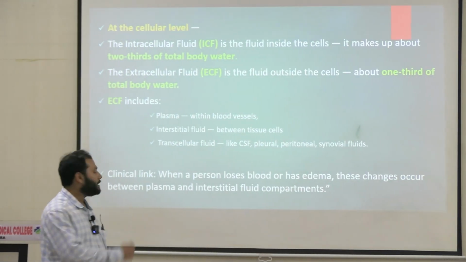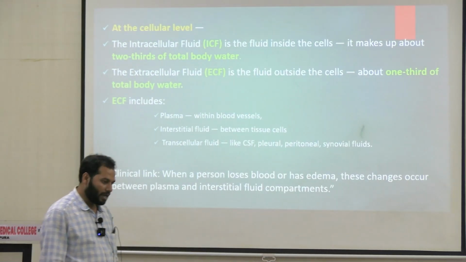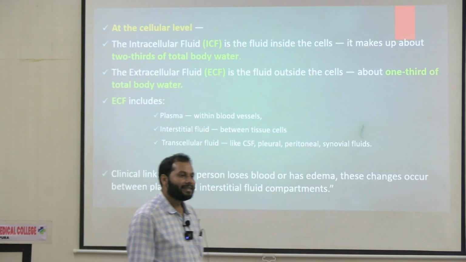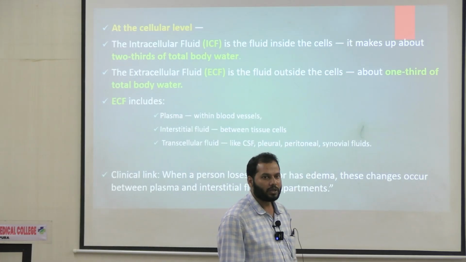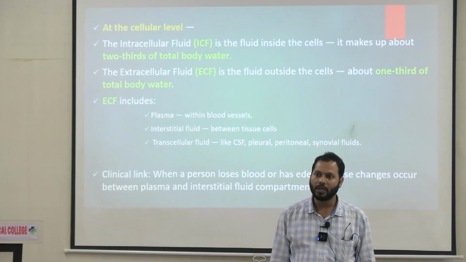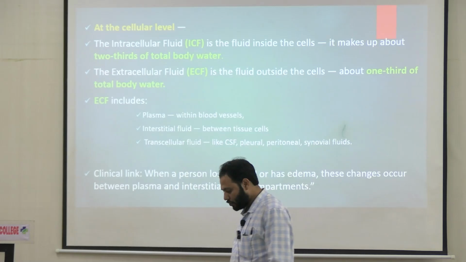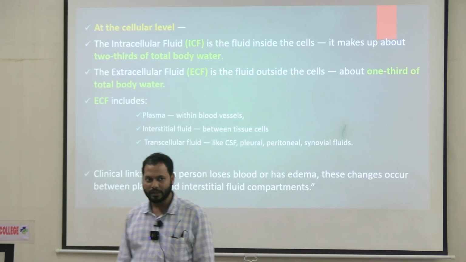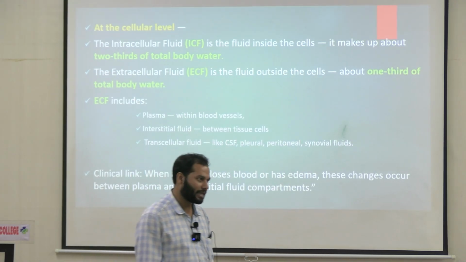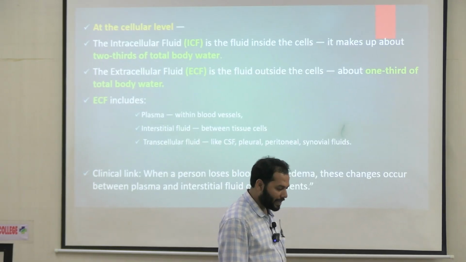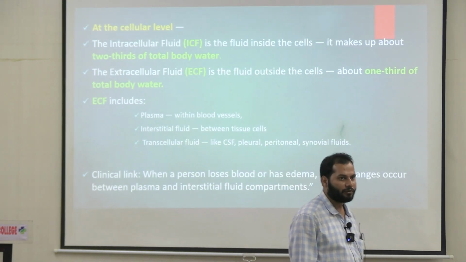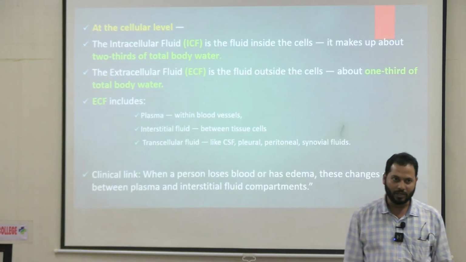Now, if you look at the cellular level, inside the cells there are fluids called intracellular fluids. At the same time, outside the cells, some fluids surround the cells or lie in between cells in a particular tissue, called extracellular fluid.